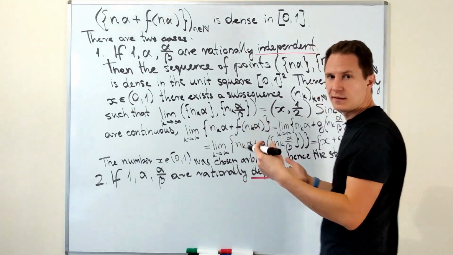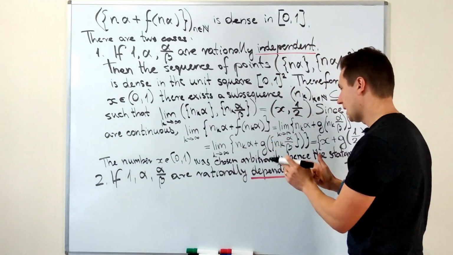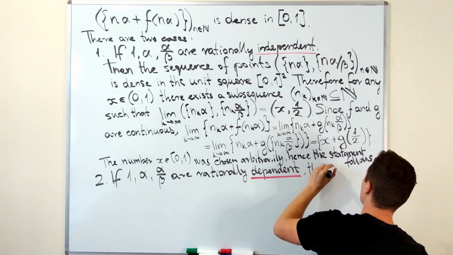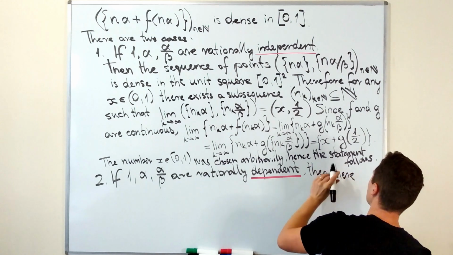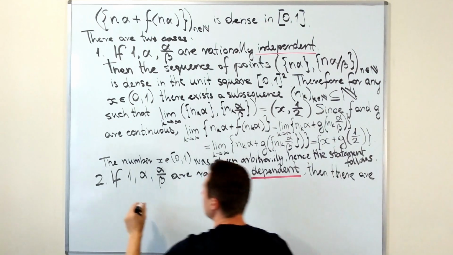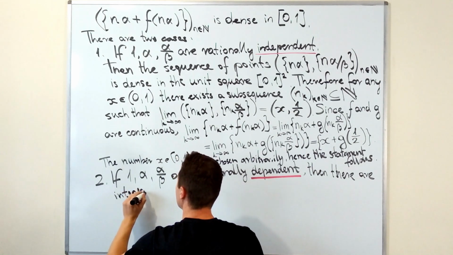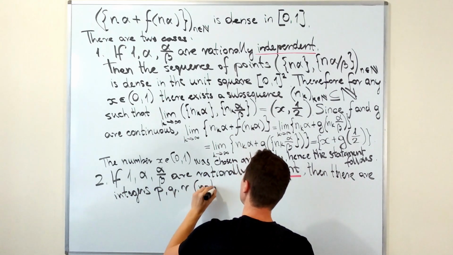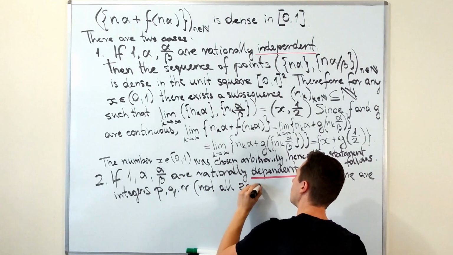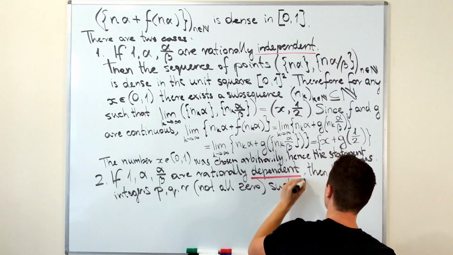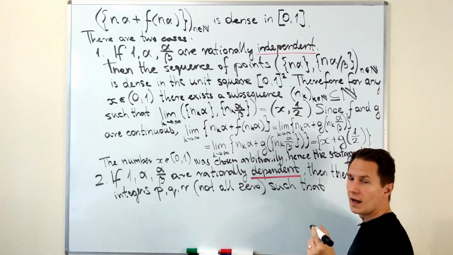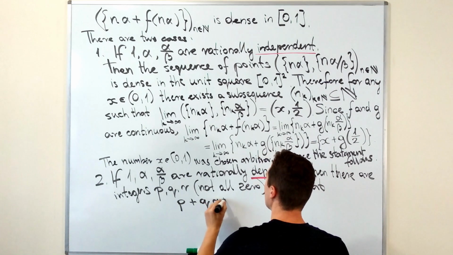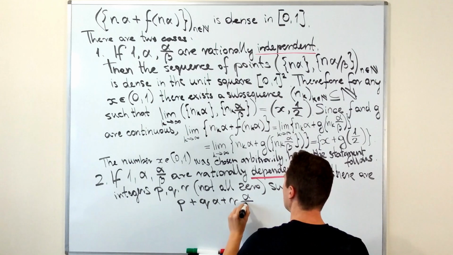So let me say that again: if they are rationally dependent, that means that there are integers, let's call them p, q, and r, not all 0, such that we have this linear combination, p times 1 plus q times alpha plus r times alpha over beta, being equal to 0.